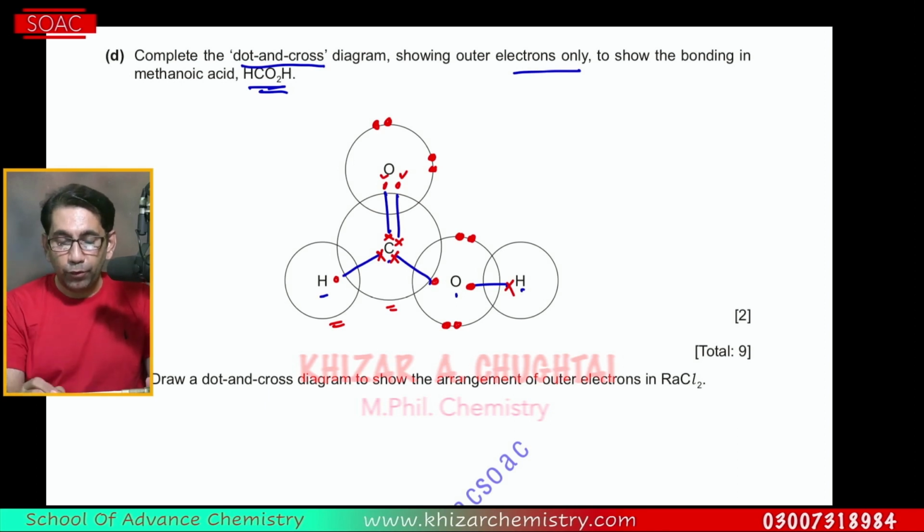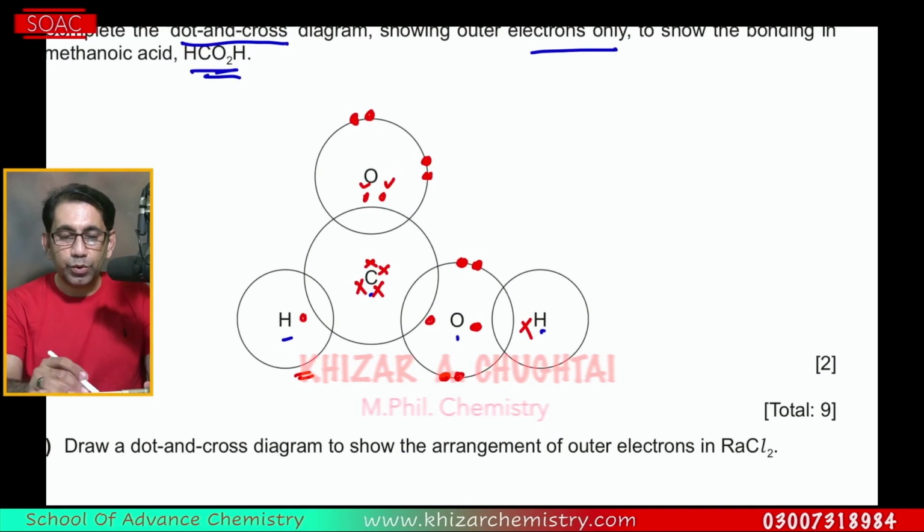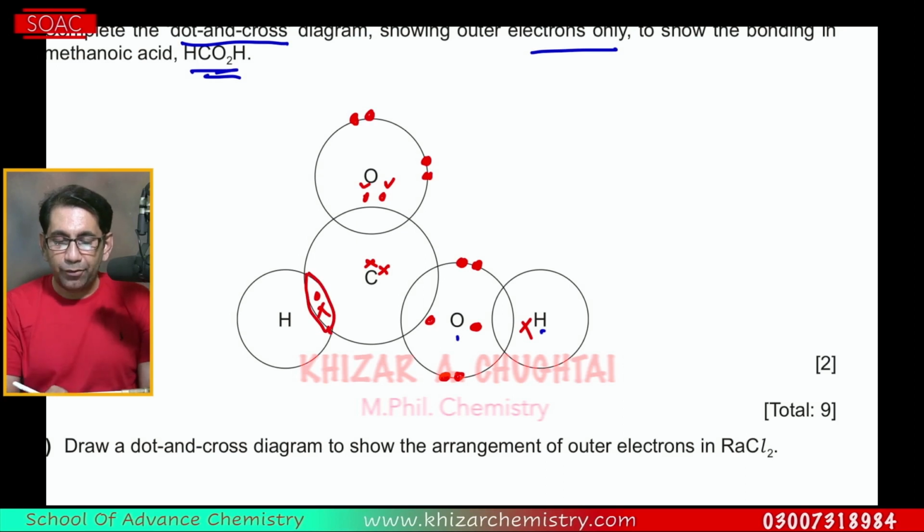Now I am going to remove these bonds, these lines, and this is the dot and cross diagram. Basically, I'm going to rearrange these dots and crosses. Let's see over here. Here 1 dot, 1 cross is the sharing portion between the carbon and hydrogen. Here are 2 crosses from carbon and 2 dots from oxygen in the sharing region of oxygen and carbon.